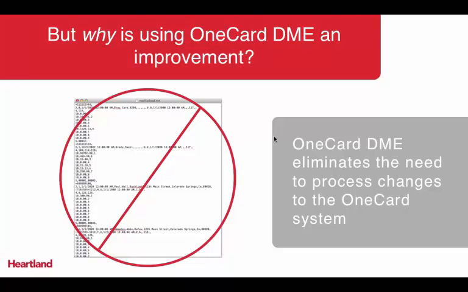By connecting directly to your various systems of record, such as your ERP or student information system, your housing system, and other authoritative sources of data, the OneCard DME eliminates the need for someone or more than one person on your campus to create a text file, a database script, or any other manual import process to send over the changes, the deltas, or the updates to the OneCard system or third-party systems like another door access system that you may be using if you're not using Heartland's core access control solution.